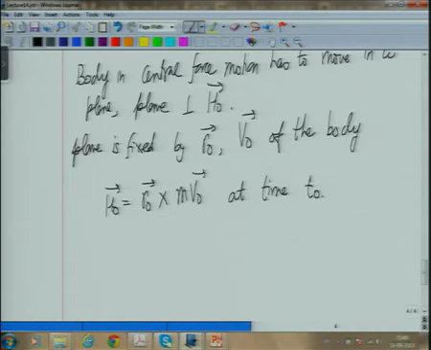So whatever is its position vector at time 0 and the velocity at time 0, the plane between these two is the plane of the body's motion, and H0 will always be constant.